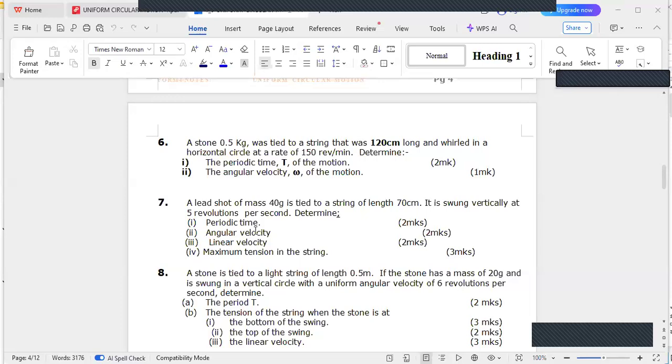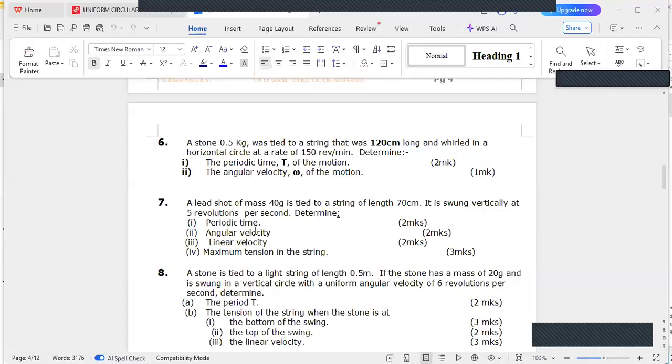So omega equals 2 pi f, which is 2 times pi times frequency, which is 5. 2 multiplied by pi multiplied by 5 gives us 31.42 radians per second.